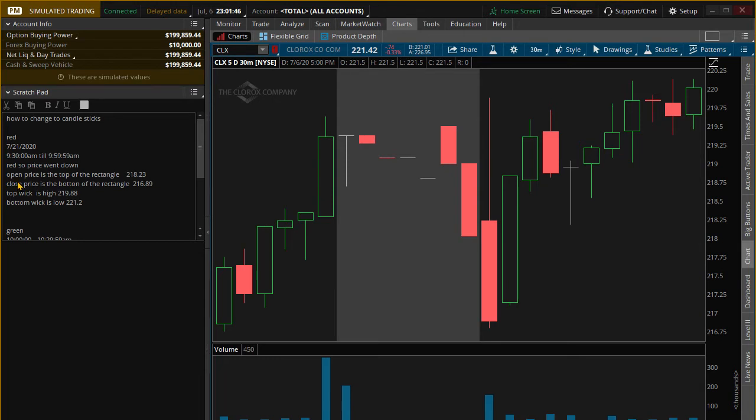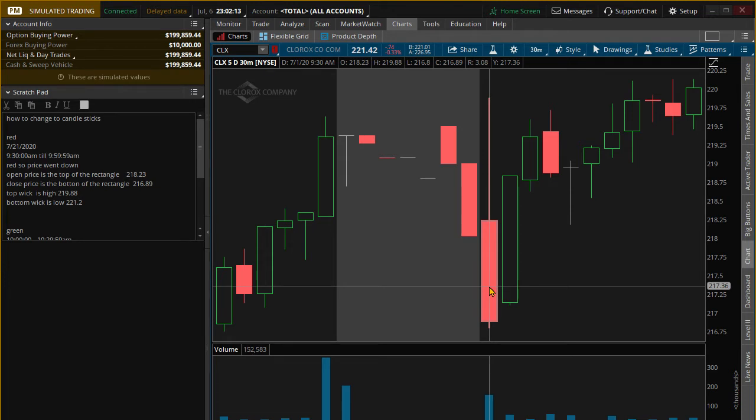That means that the open price is the top of the rectangle. What do I mean by open price? I mean the price at 9:30 a.m. The price at 9:30 a.m. is here at the top of the rectangle, and that is $218.23. If you look here, when I hover over it, you should be able to see 218.23 for O. That's the open price.